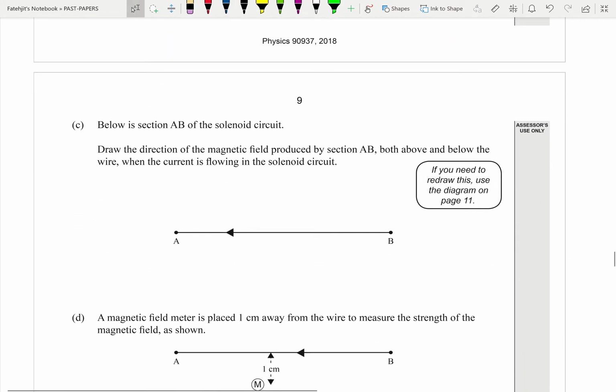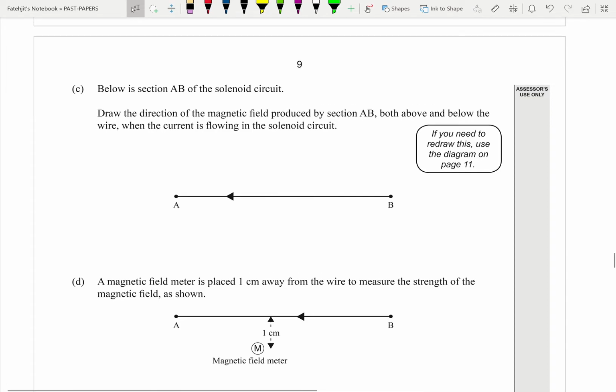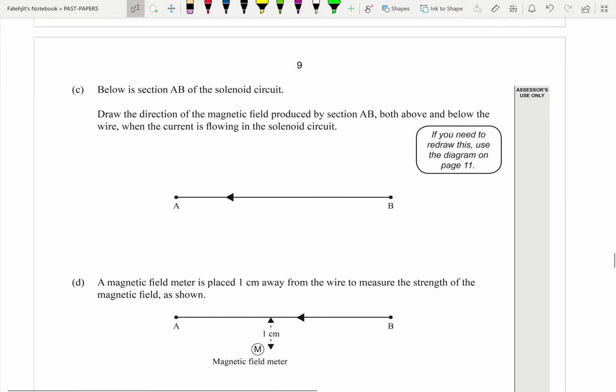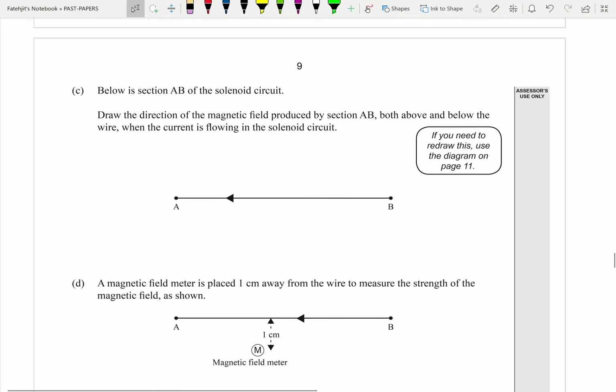Cool, so next question. Draw the direction of the magnetic field. Cool. So there's an arrow going this way, and I'm pretty sure you can use the right hand rule for this, but if the current flows that way, current flows from north to south, therefore current will flow this way.